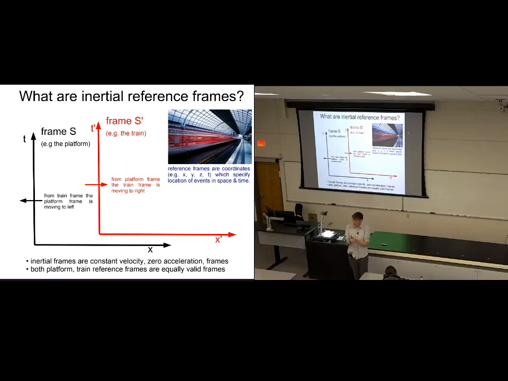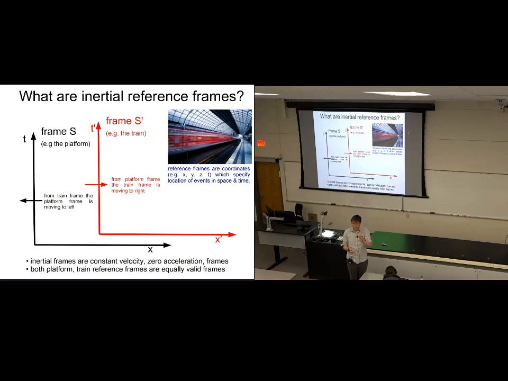So if you're standing on the platform, you're stationary in the platform reference frame. That's a perspective from which you could describe the position in space and time of objects, and that would be the platform reference frame, a platform coordinate system.